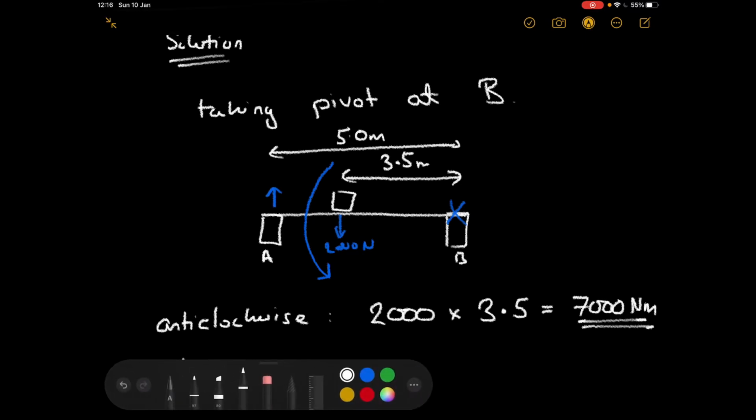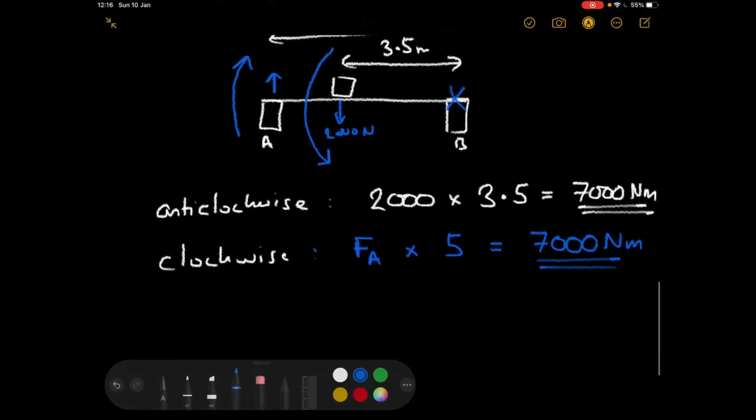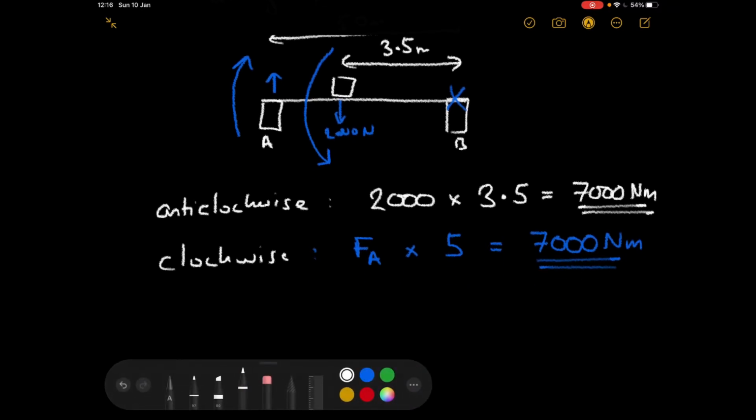The clockwise moment, which is from force A acting in that direction, we would get force A times 5, and in order for this thing to balance, that's also got to equal 7,000 Newton meters.